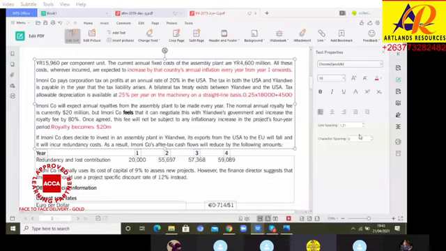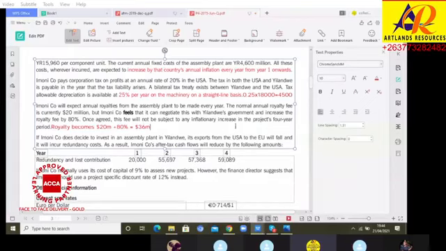This means opportunity cost, and it is going to be in these particular amounts, like 20,000 etc.